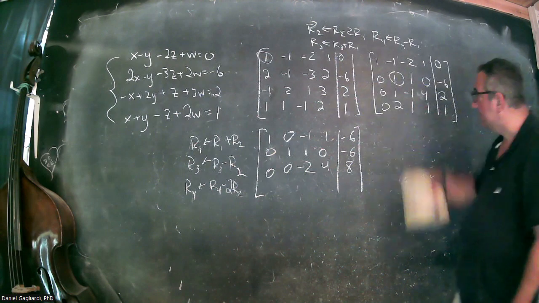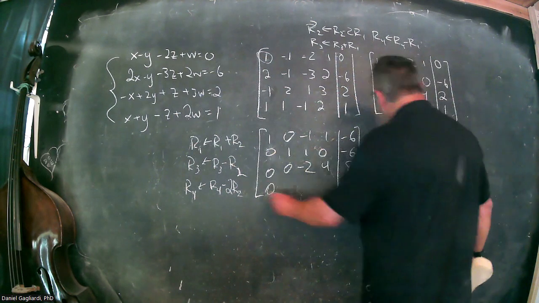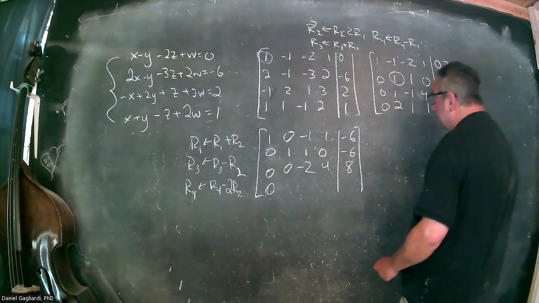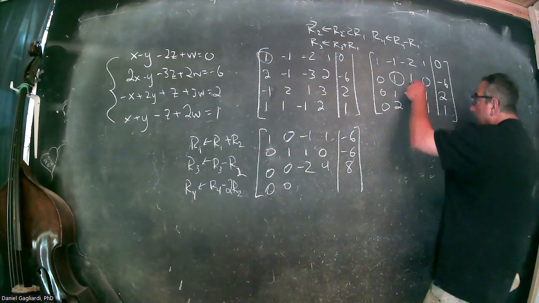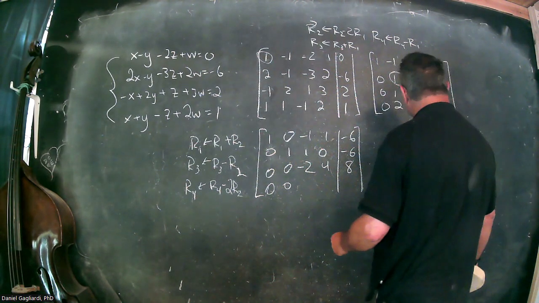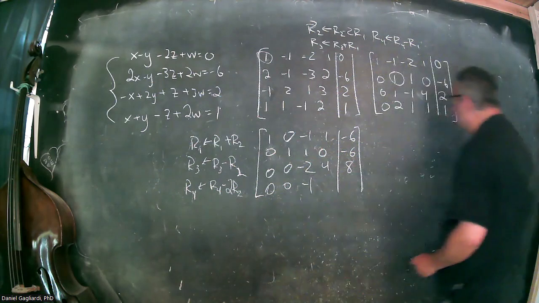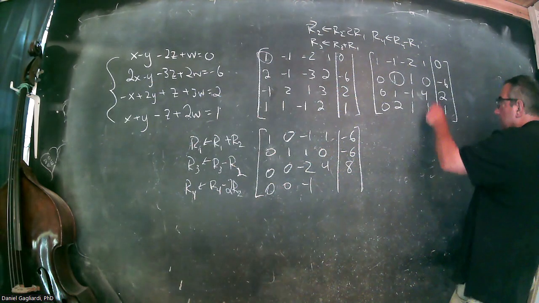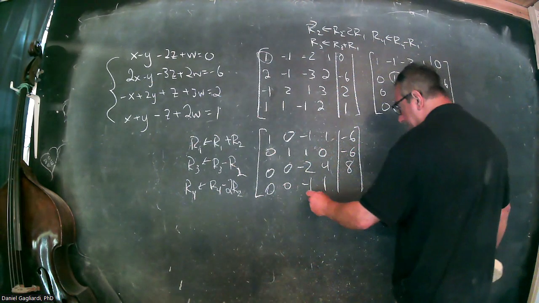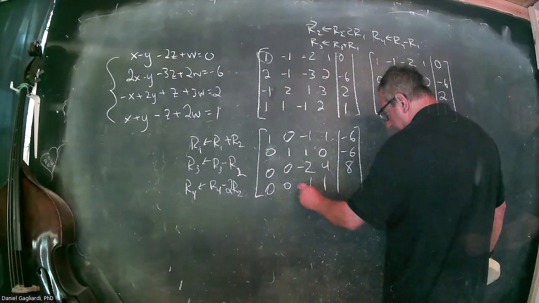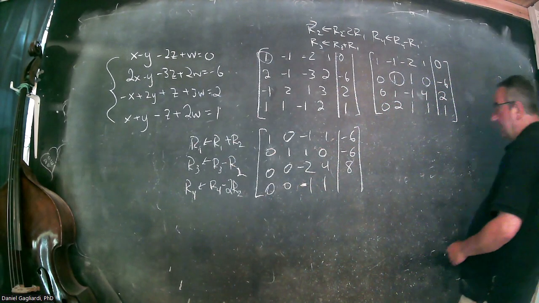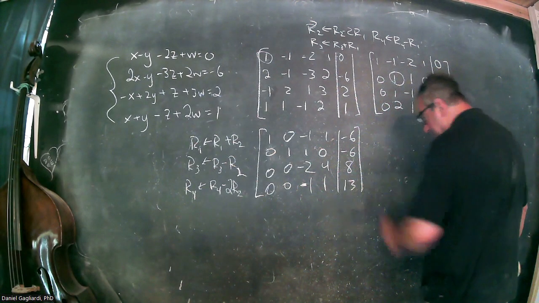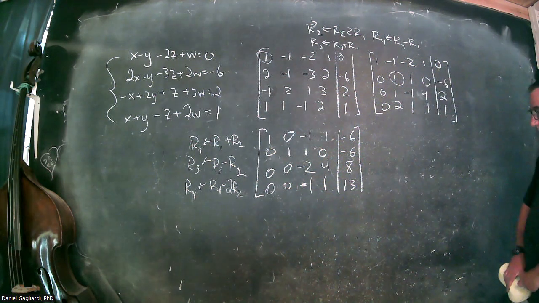Row 4 minus 2 row 2s: 2 minus 2 1s is 0, again as desired. 1 minus 2 1s is negative 1. 1 minus 2 zeros is 1. And then 1 minus 2 negative 6 is 13. All right, so we're getting there.